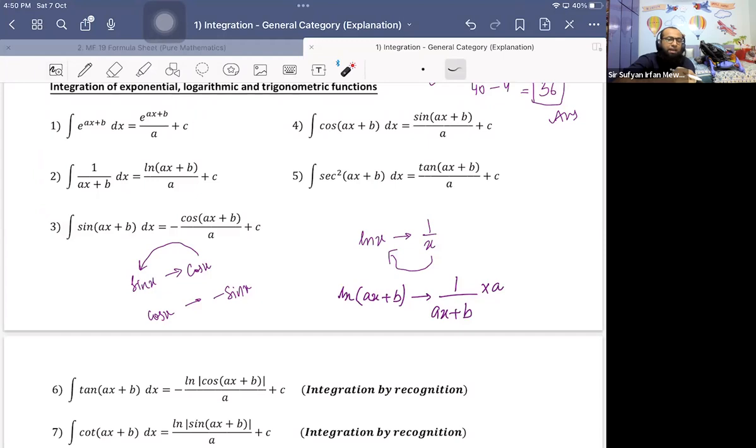But over here, in integration, the angle will always be a linear function. So sin angle becomes negative cos angle divided by the differentiation of the angle. Cos angle becomes sin angle divided by the differentiation of the angle, which is a linear function. So it's always plus c. Sec square angle becomes tan angle divided by the differentiation of the angle, plus c. And the angle is always a linear function.